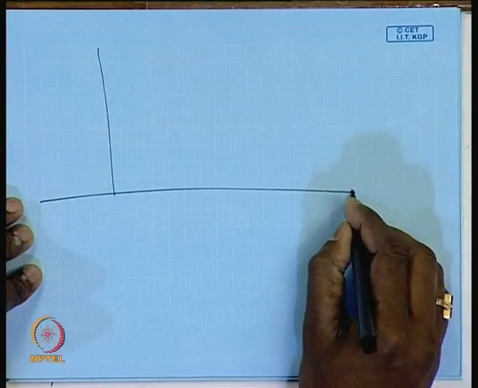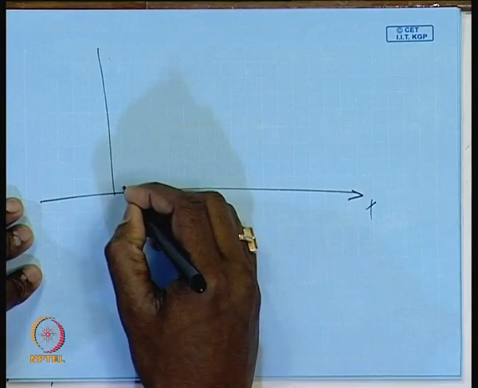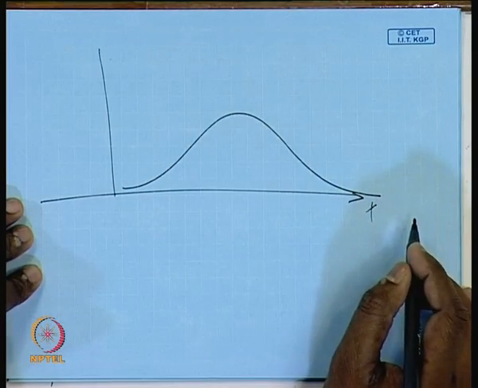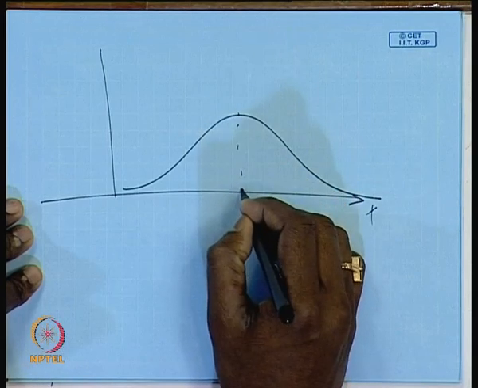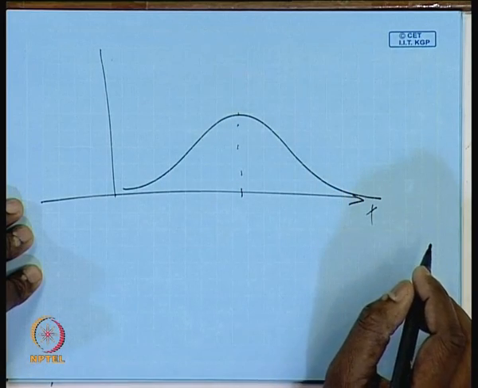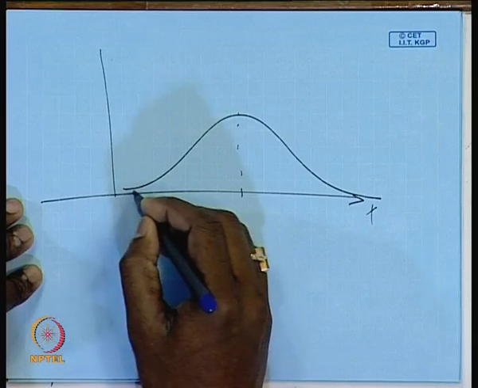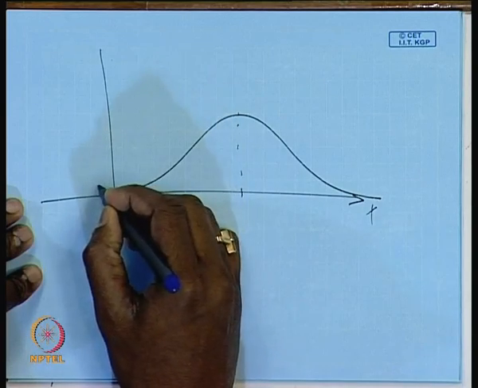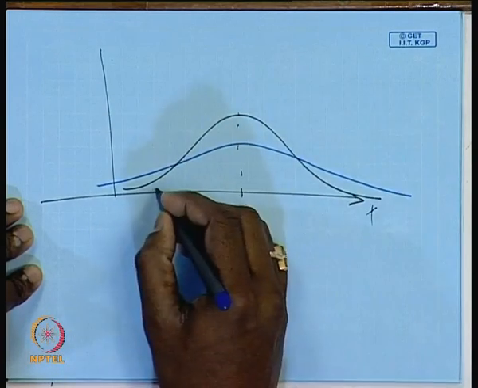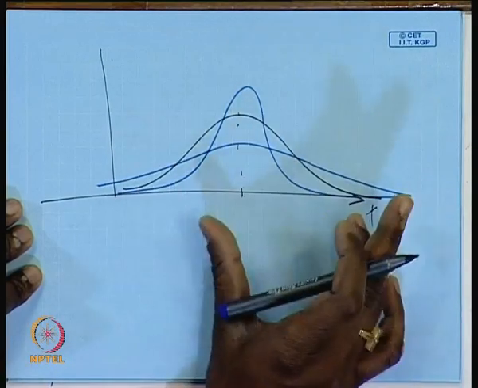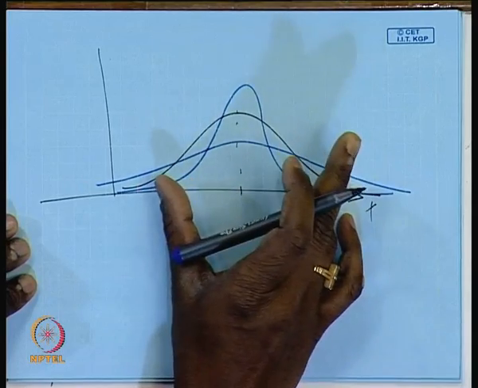If this is your x axis and one normal distribution looks like this with this as its mean, and the scale parameter changes, then depending on whether it is increasing or decreasing, the curve will either be flatter, or the spread will be much lesser.